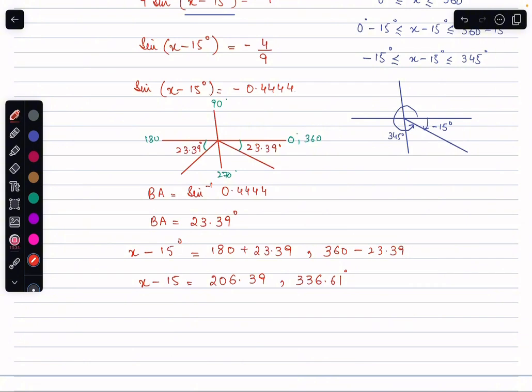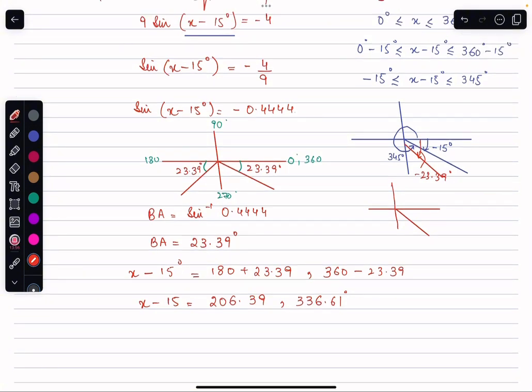Now starting from negative 15, I have this basic angle which is 23.39. Even if I consider a negative 23.39, I can see that this negative 23.39 is out of the domain, which was negative 15 up till 345 degrees. Therefore, clockwise angle negative 23.39 should not be within the range.